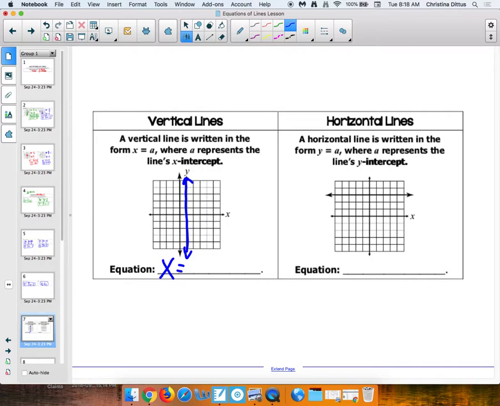So our equation is x equals 1. Wait, no, it's the bigger line next to it. There we go. x equals negative 1.